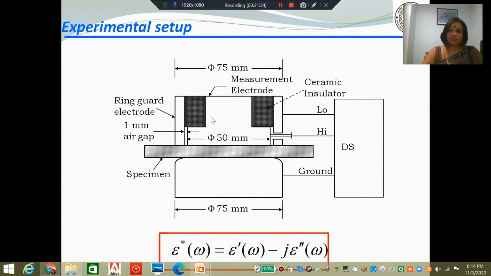The guard electrode is required to prevent the surface currents from flowing, and this is connected to a dielectric spectroscope, and you measure the capacitance of this material, compare it with the capacitance of an equivalent electrode geometry, and you get the permittivity. The permittivity is obtained as a function of frequency. This is called dielectric spectroscopy. So this is the electrode assembly. Generally, the electrode assembly will be housed in an electrode cell.